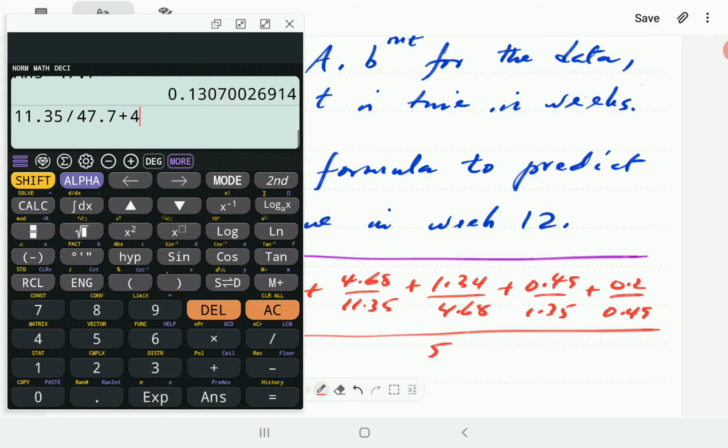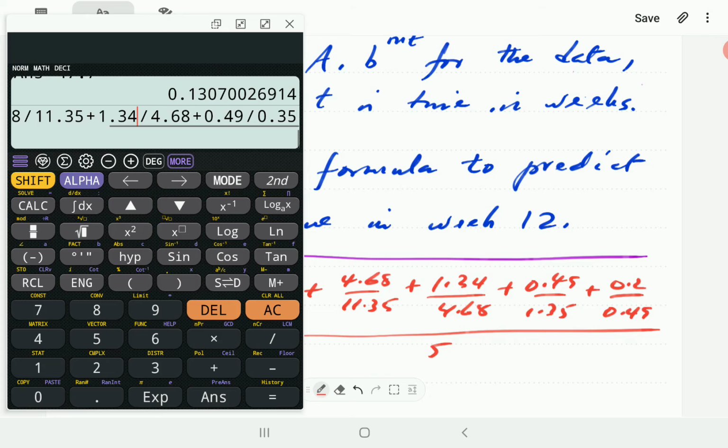We've got 4.68 divided by 11.35, 1.34 divided by 4.68, and then we've got 0.49 divided by 1.35.